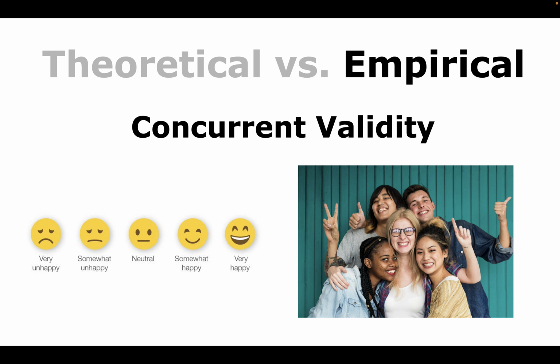Just based on their behaviors, you can identify whether they appear to be happy or sad or indifferent, and you can rate each person at the time that they are asked to rate their mood. And then you can correlate those two. So that's an example of concurrent validity.